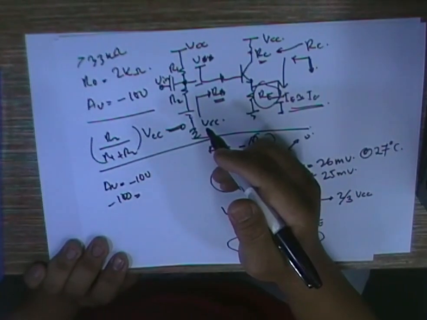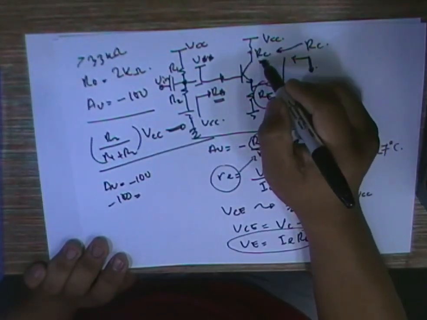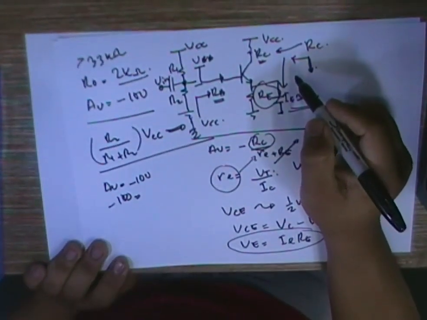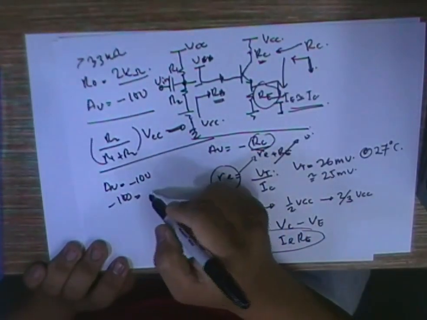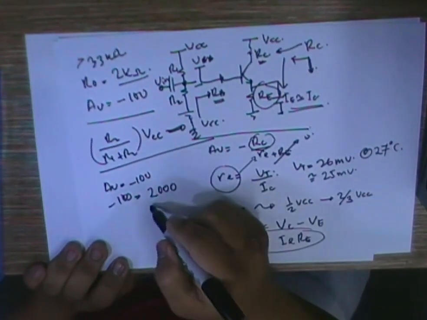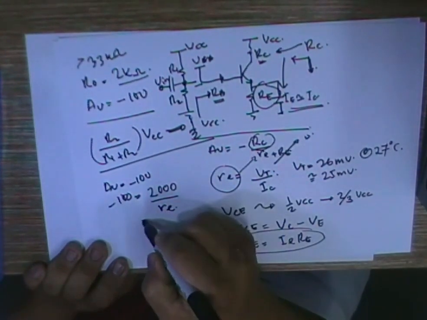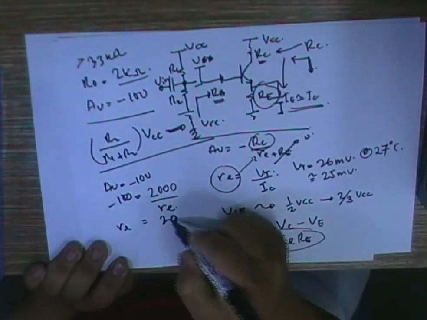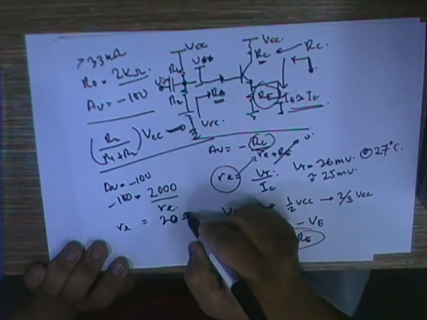If you work out this thing, I will select my RC to be about the same as my output resistance, 2 kilo ohms over small re, and I will have my Re to be around 20 ohms.